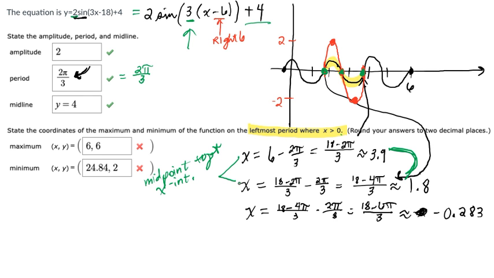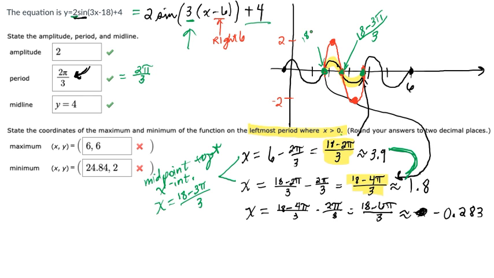You could take the average, add these two numbers and divide by 2, or you can probably see we have (18 - 2π)/3 and (18 - 4π)/3. So halfway in between there is going to be (18 - 3π)/3. Or like I said, take the average, you'll get the same thing. Okay, so that's (18 - 3π)/3.